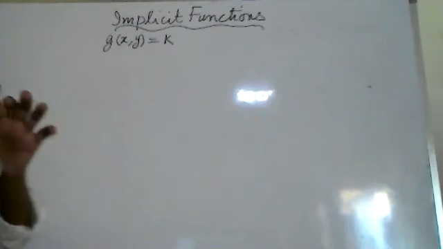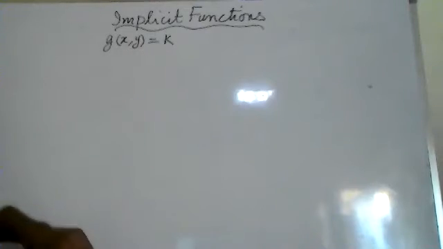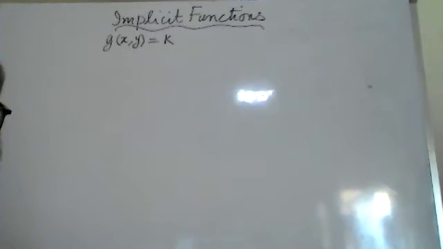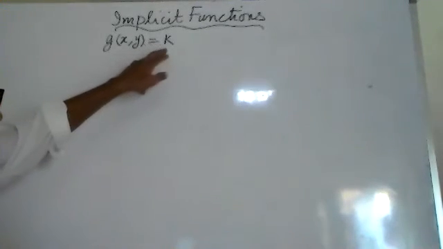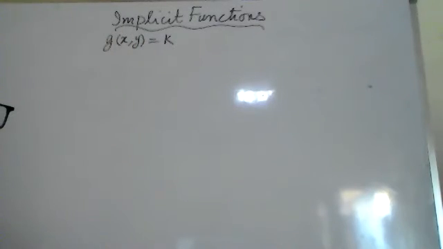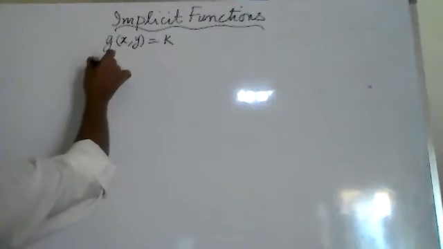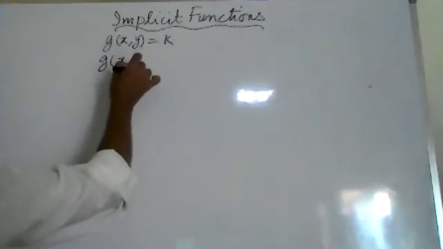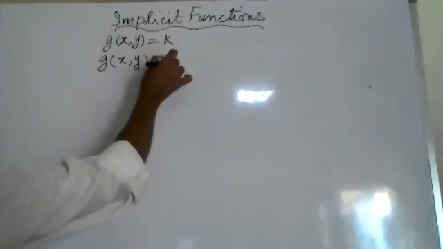First of all, we will shift k on the other side so that on the right side there should be 0. Whatever over there, that will be shifted towards the right side. So there should be 0. It will become g of x y minus k equal to 0.